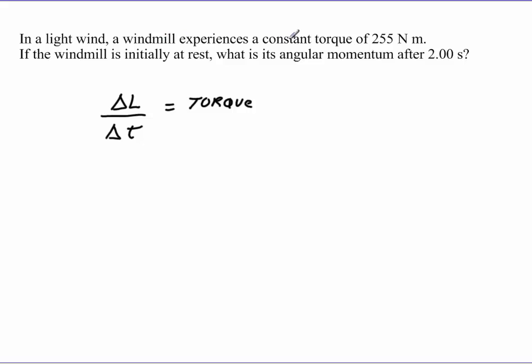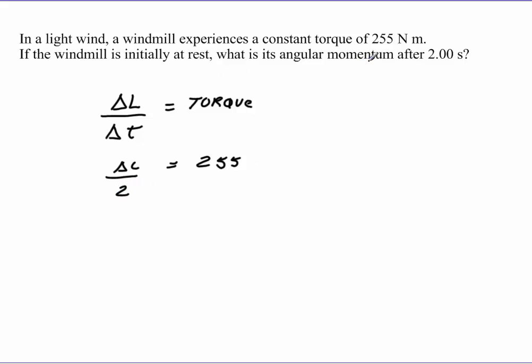So here you have a windmill experiencing a constant torque of 255 Newton meters. So 255 is equal to delta L over delta t. But now it asks for its angular momentum after 2 seconds. All I have to do on this one is put 2 in.